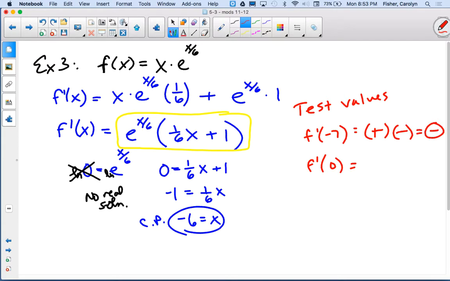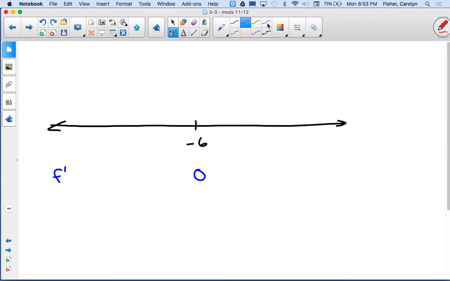And then if I plug in 0, this one's going to be a little easier. E to the 0 is 1. So that's a positive times 0 makes that term go away, plus 1. And I've got a positive there, giving me a positive. So it looks like I've got a negative and then a positive, meaning my function is roughly decreasing and then increasing.